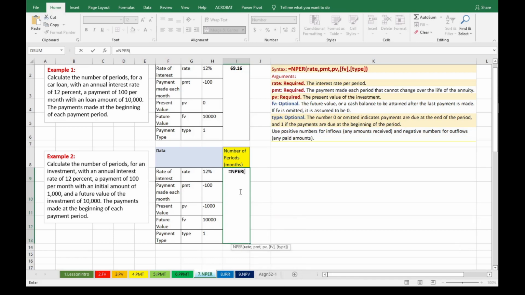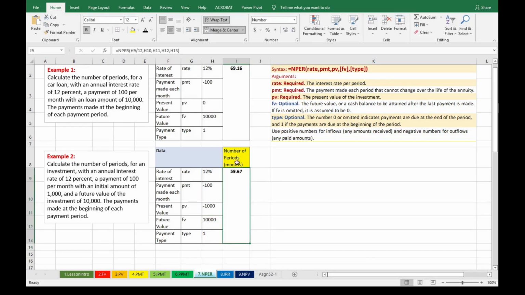We need to calculate number of period. NPER is, first is rate, which is 12%, but we'll have to divide by 12 because of monthly payments. Then we have payment each month, and then we have present value of minus 1000, which we already paid, and the future value of 10,000 and a payment type 1.